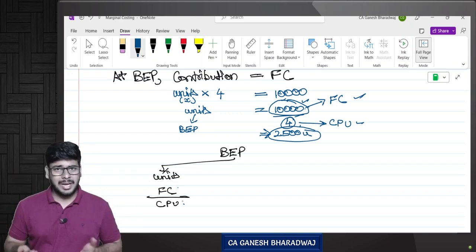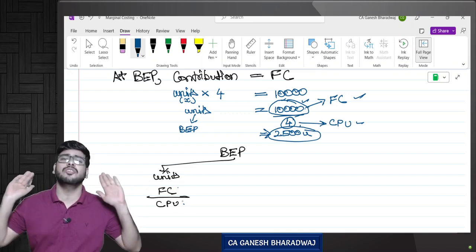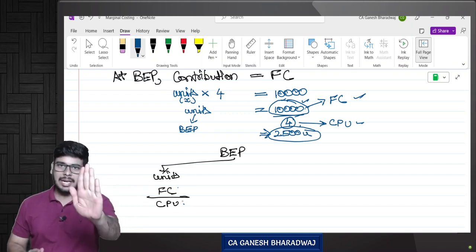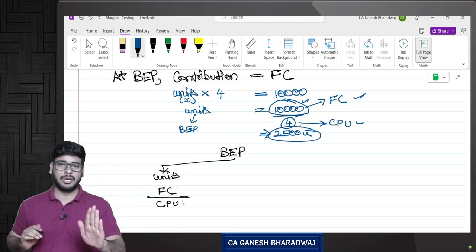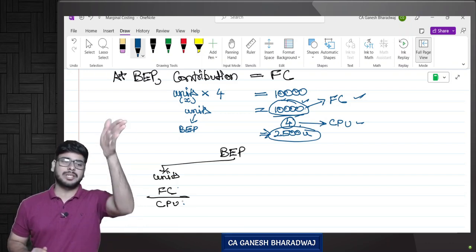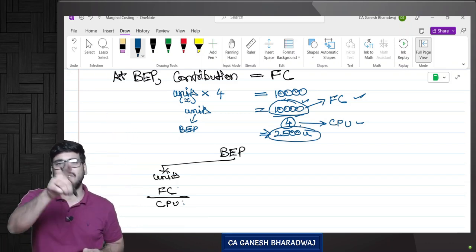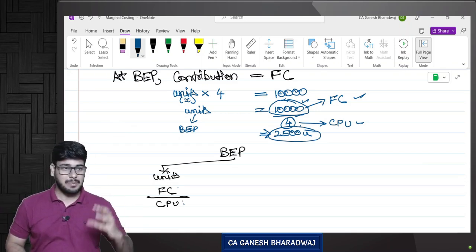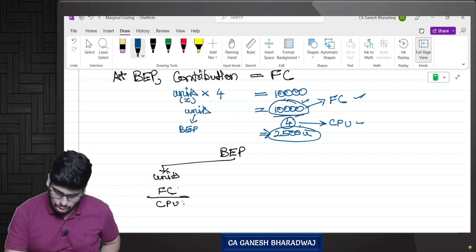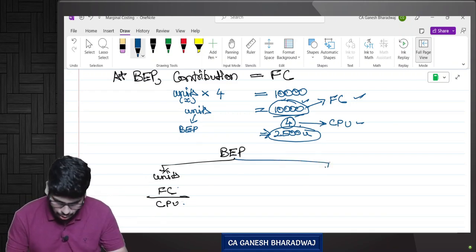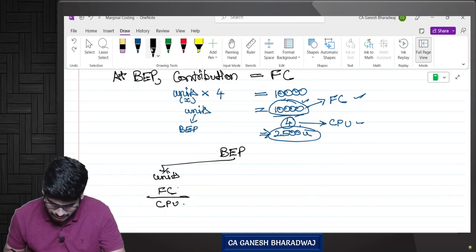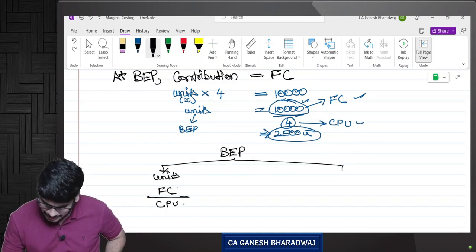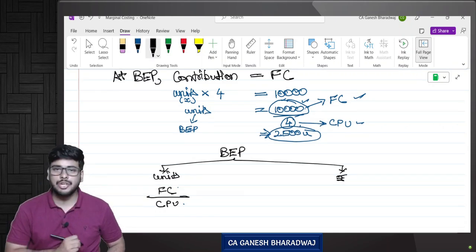Fine. Now, break-even point is what? It is also a level of sale only. At the sales level where your profit or loss is zero, correct? So if break-even point is also some point of sale, it can also be expressed directly in values. Just now I told you sales can be expressed in units or in value. So if you want to express your break-even point in value directly in rupees, how will you calculate that?